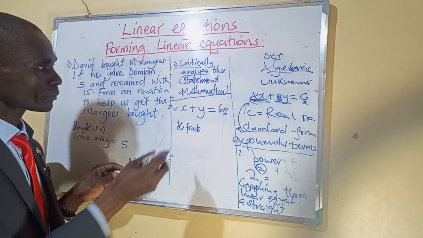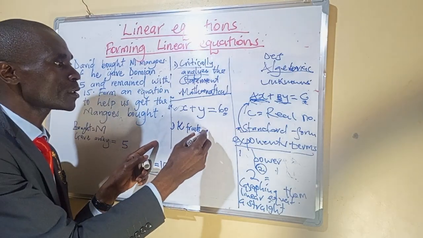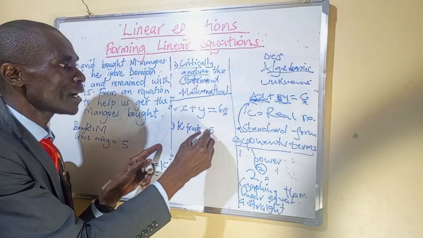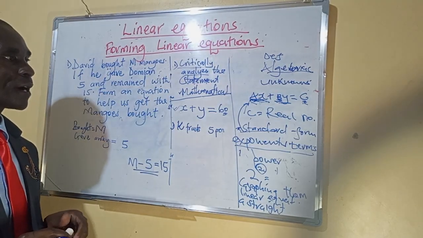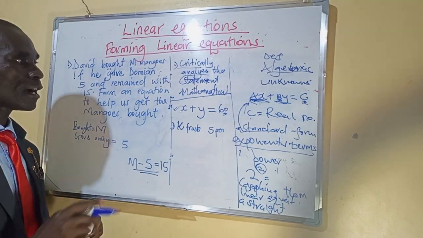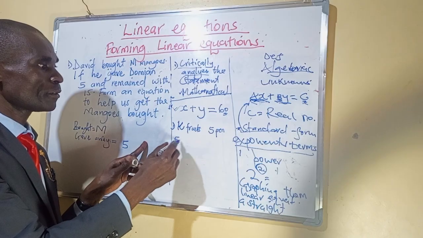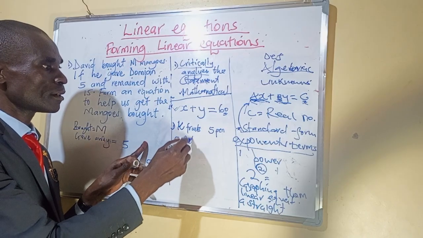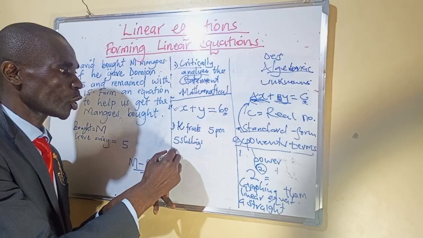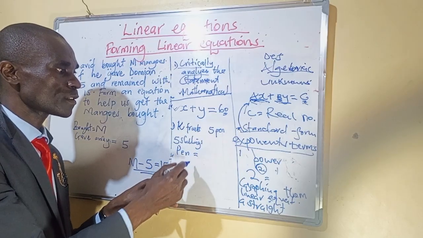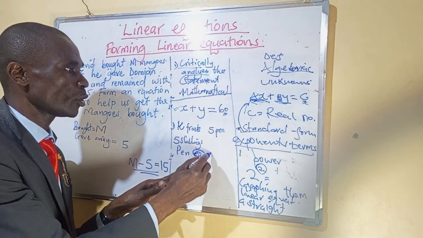If he bought 5 pens, and the cost of each fruit was 5 shillings, and the cost of each pen, at each one of them, let's say was 10 shillings.